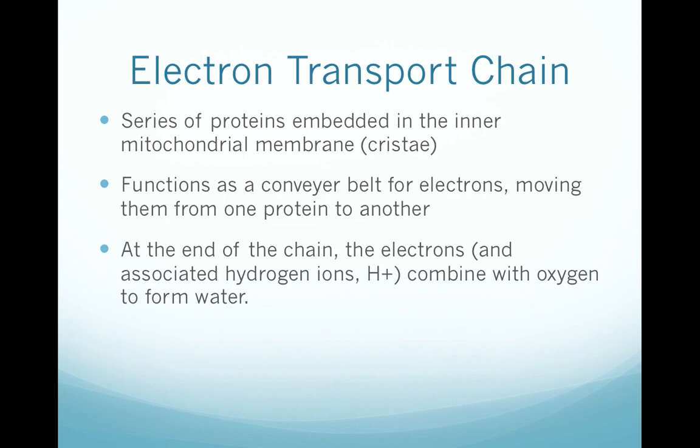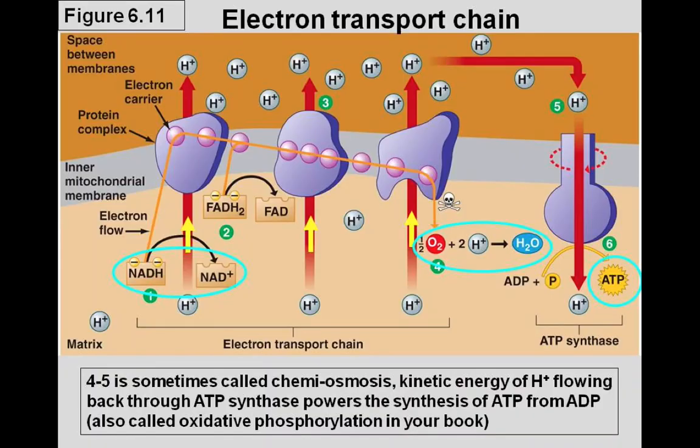The ETC is a series of proteins that are embedded in the inner mitochondrial membrane, and these proteins serve as a type of conveyor belt, so they move electrons down the chain. At the end, the electrons and their associated hydrogen ions are going to combine with oxygen to form water as a waste product. So this movement of electrons ends up forming ATP through a very interesting process.